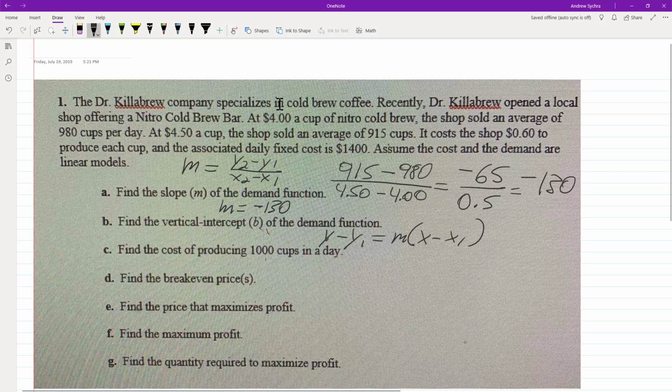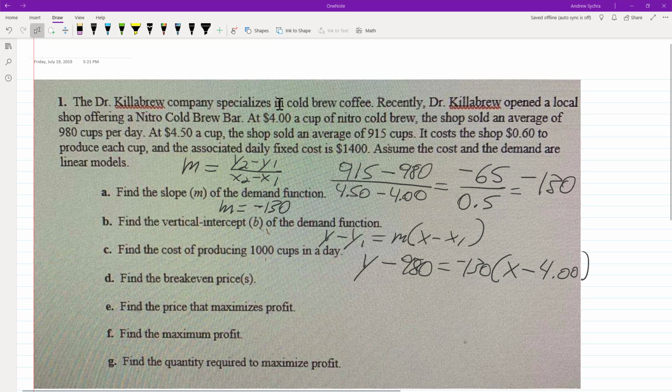So we pick any point, and since we have the slope now, we'll just pick 980. And then it equals negative 130 times x minus, and then we pick $4.